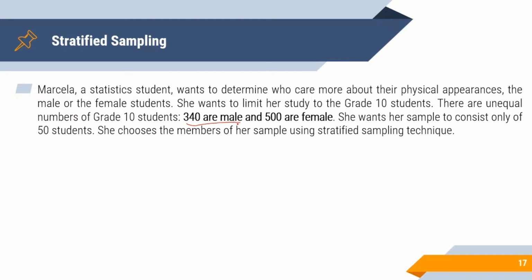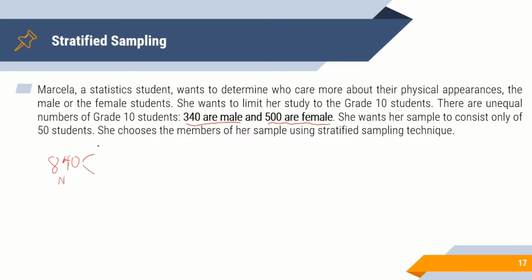Then the strata will be 340 for the male and 500 from the female. Now, to solve for the sample in each gender, we use the formula total number of students per gender over total number of grade 10 students.